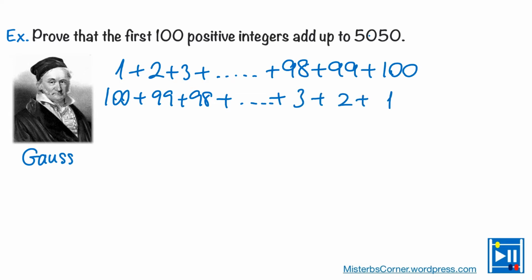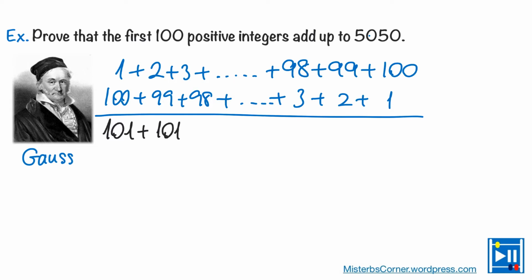And then what Gauss did was to add these vertically so that he would end up with 101. 2 plus 99 is also 101, plus 3 plus 98, 101, and so on. So he gets 101s in all this sum.